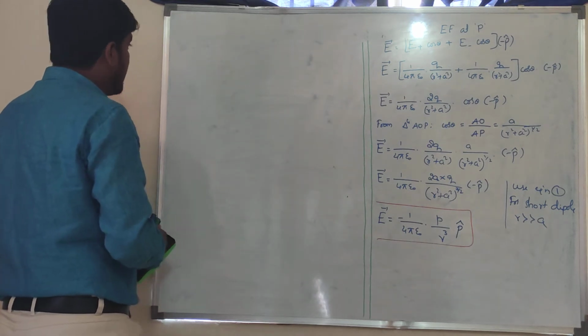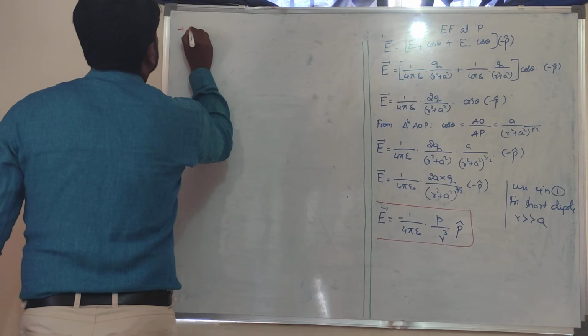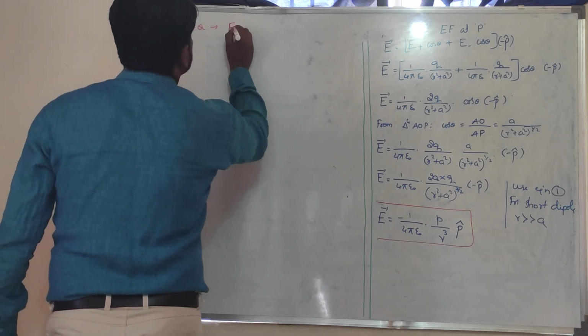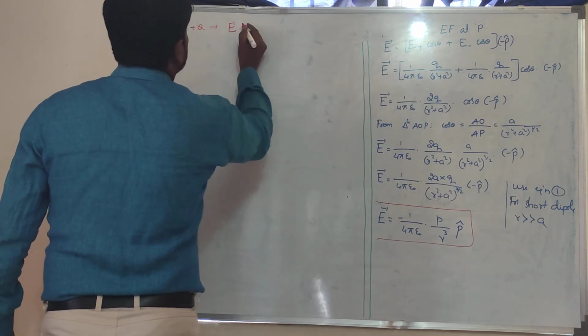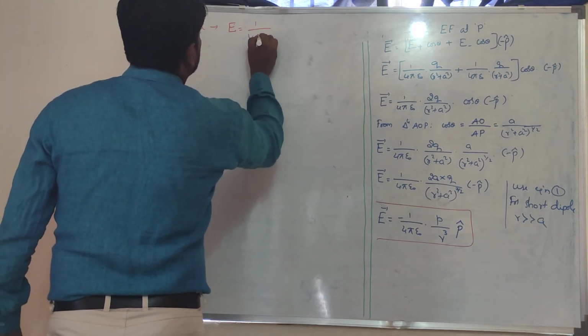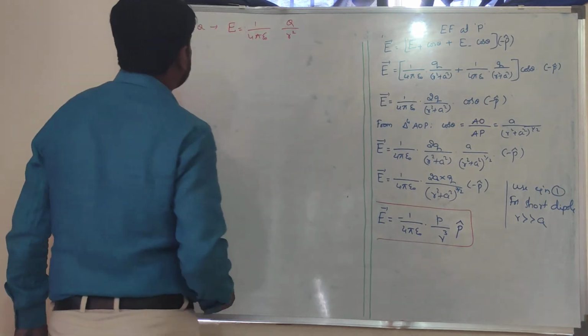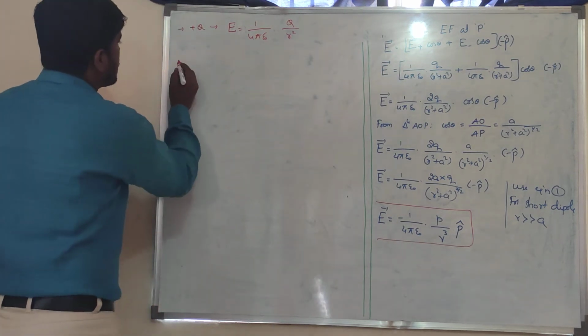Let me write three equations here. The first equation: if there is only plus q charge, then the electric field E is equal to 1 by 4 pi epsilon naught q by r square. That means I want to calculate the electric field at a distance r from the source charge q.